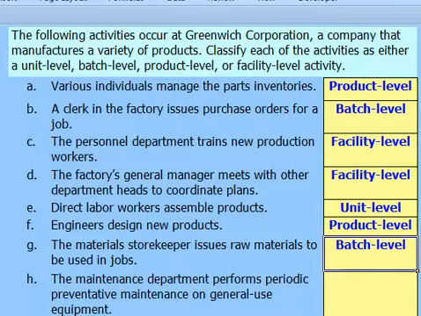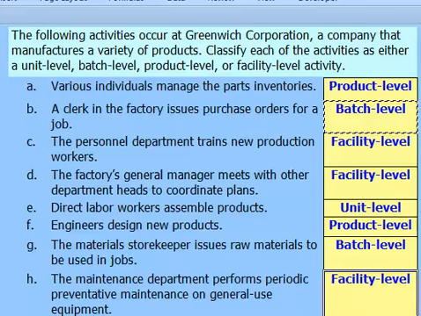The maintenance department performs periodic preventive maintenance on general use equipment. The fact that it's general use equipment suggests that it will be facility related. Some of these classifications might have multiple alternative classifications, depending on our specific circumstances, but this is probably a pretty good matching.